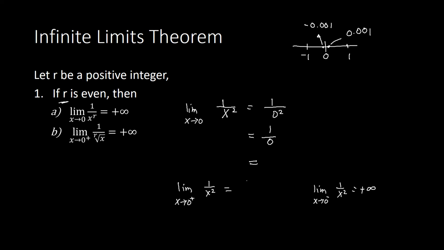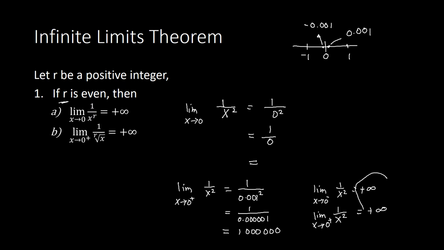So we've got 1 over 0.001 squared, that will be equal to 1 over 0.000001, or that is equal to 1 million still. Again, once you add more zeros here, that will also become a bigger value. So the limit of 1 over x squared as x approaches 0 coming from the right side is positive infinity.